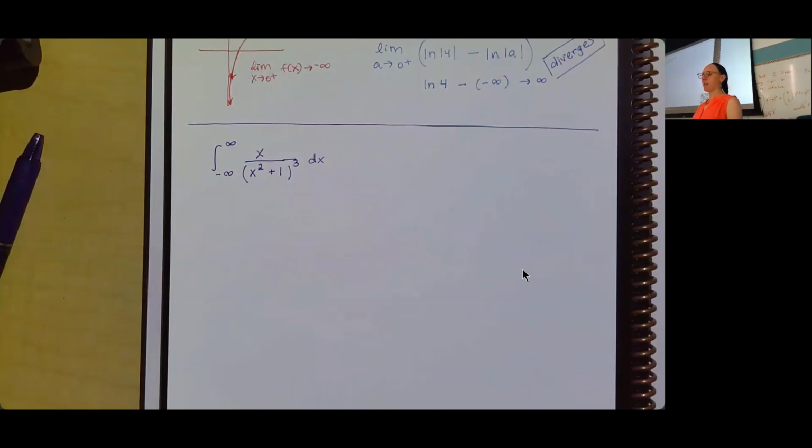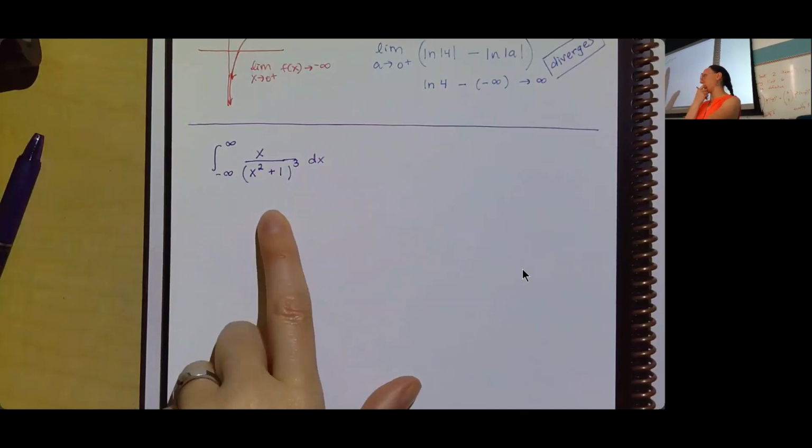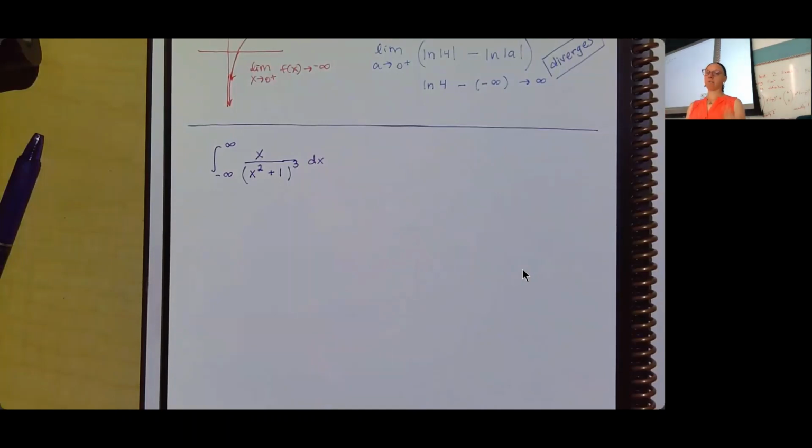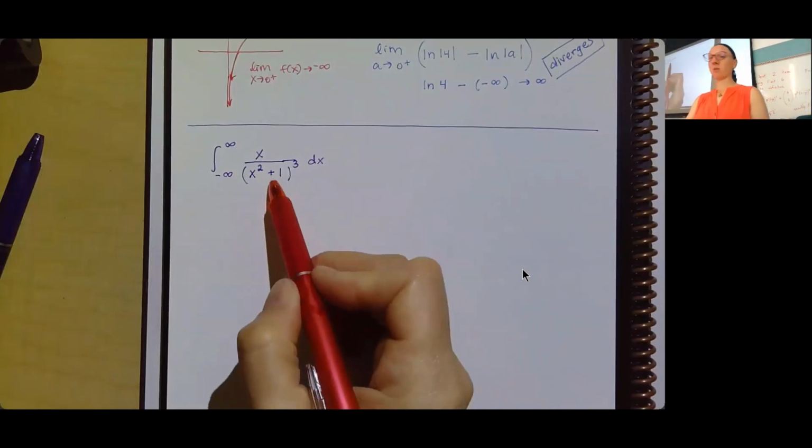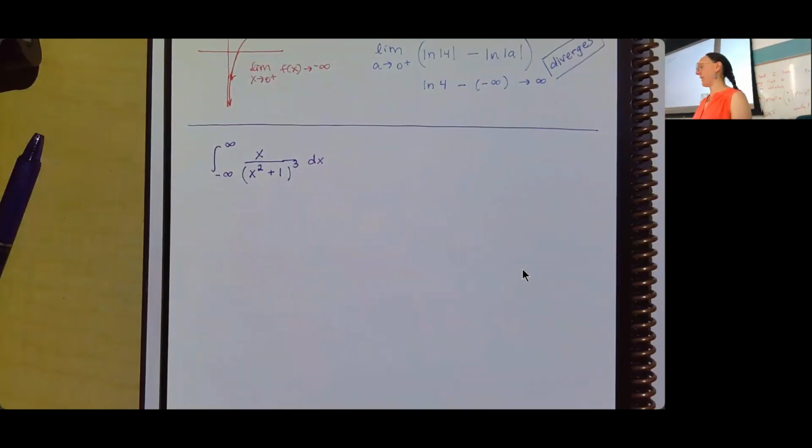Are there any other places where we're going to have vertical asymptotes? Meaning, is the denominator ever 0? So we're going to be fine. x squared plus 1 isn't going to have anything happening. So we can choose any number at all we want between negative infinity and positive infinity.